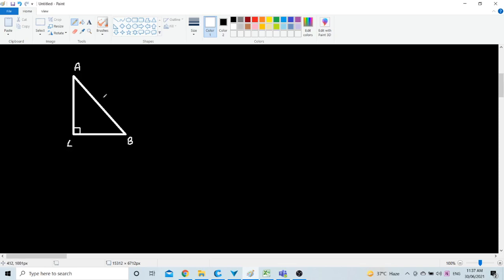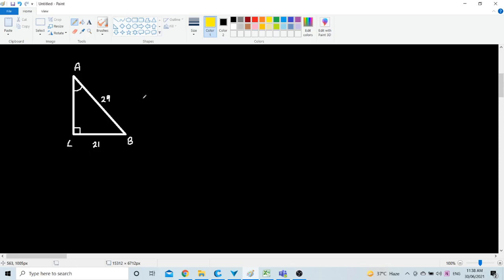And here we have AB equal to 29 and BC equal to 21. Right? Now this time, let's say I have to find out the values of sine A, cos A and tan A.